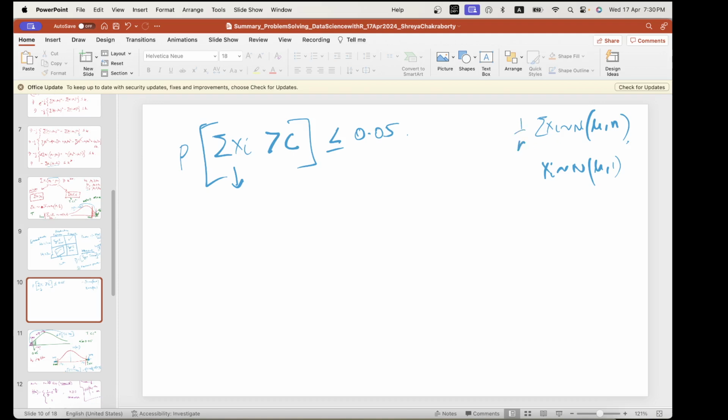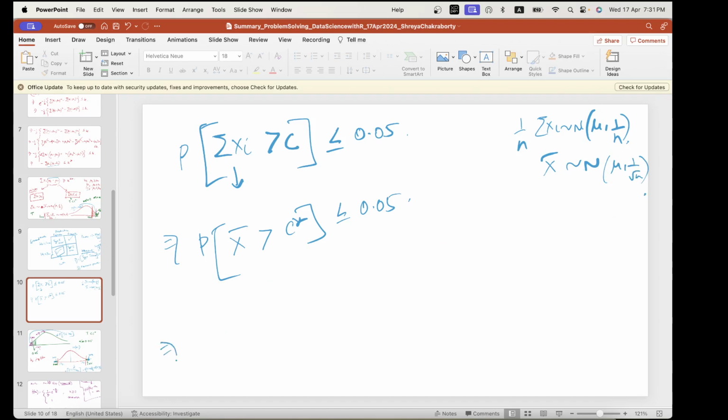If I write 1 by n summation xi, then it will follow normal mu, 1 by n. So this one I can write as probability x bar is greater than some c prime. This has to be less than or equal to 0.05. Now x bar also is a normal mu, 1 by root n.